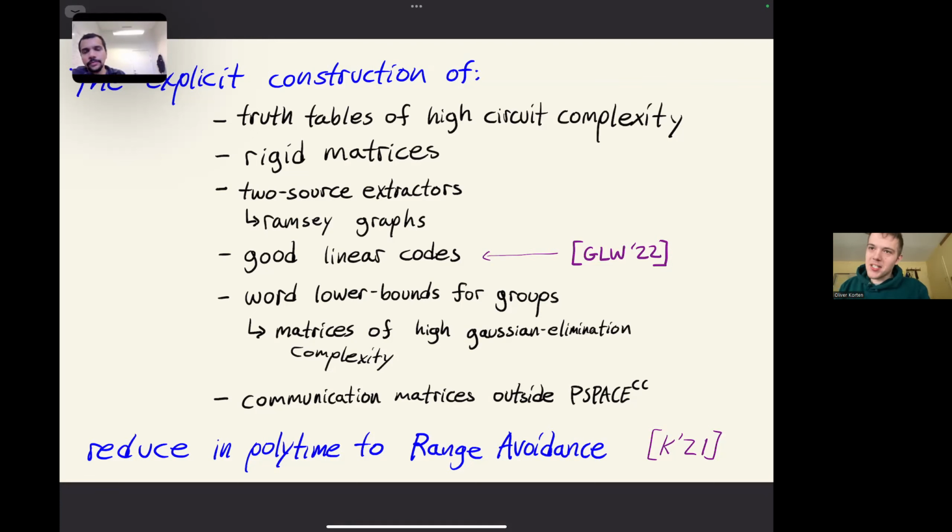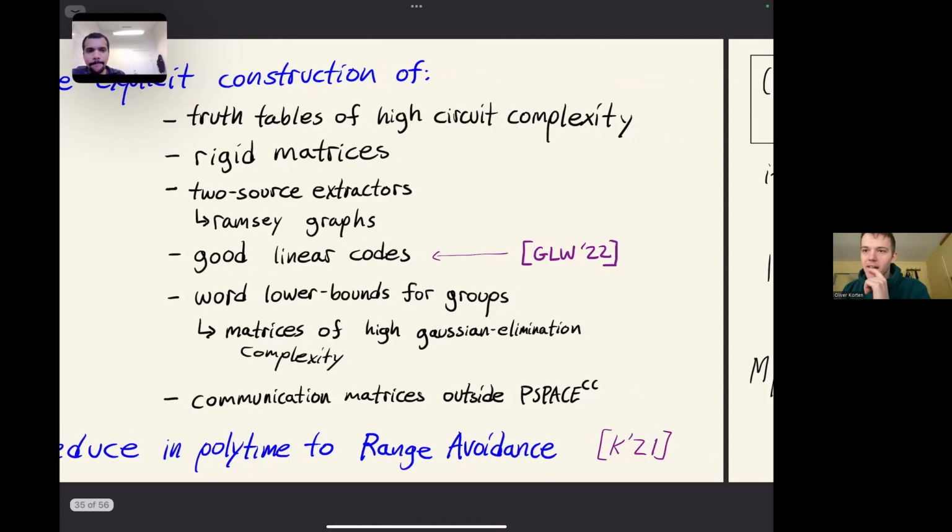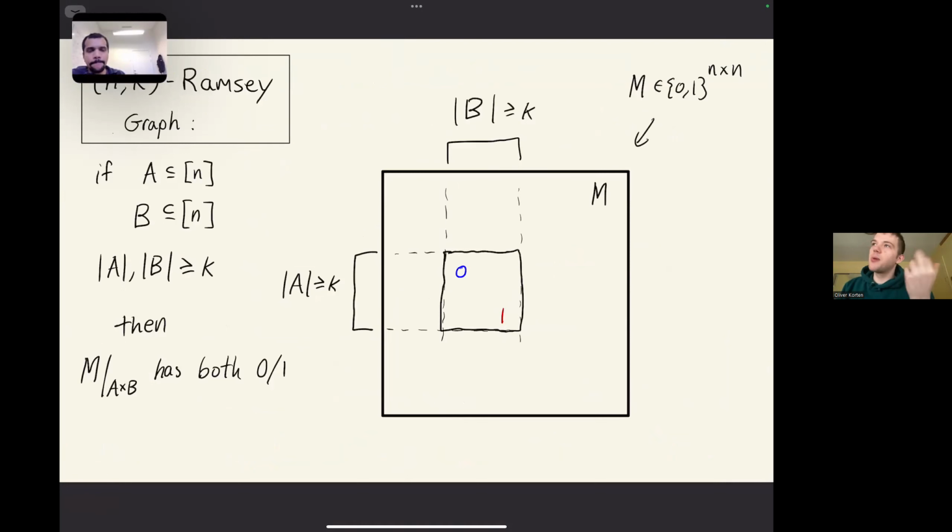Yes. So what I was saying is that the main first result is that we can reduce all these explicit construction problems to this one canonical range avoidance problem. And the proofs are all kind of straightforward. Essentially, you work through the standard probabilistic method argument, and you note that at each step, we can turn the argument into a constructive encoding.